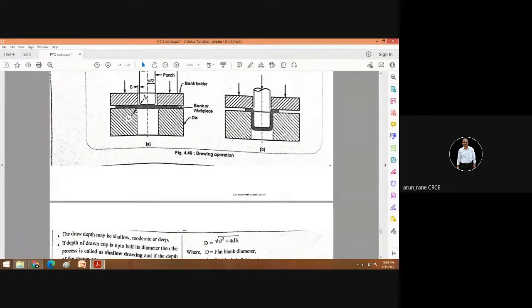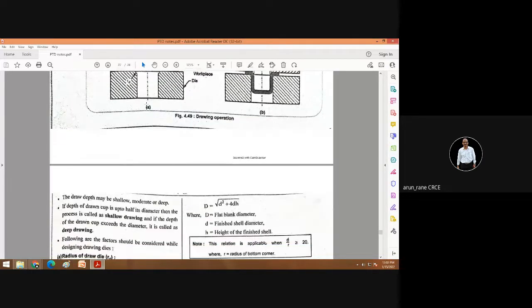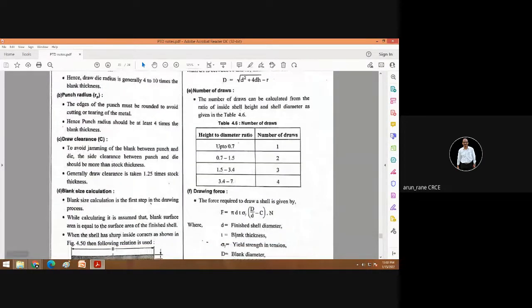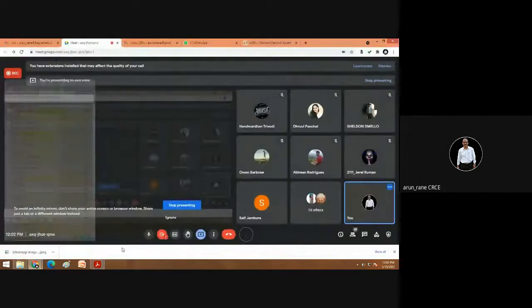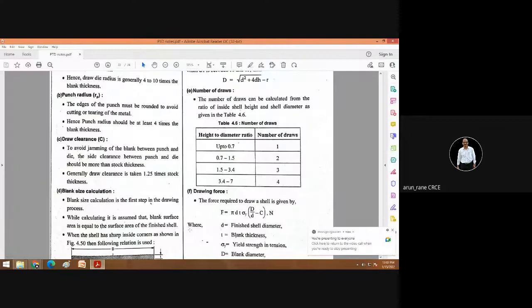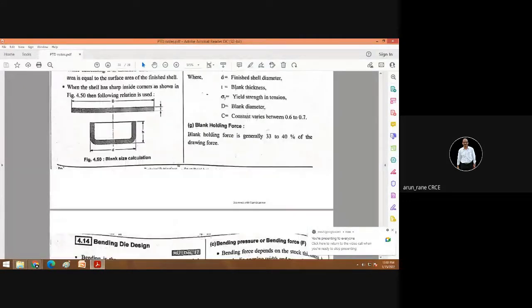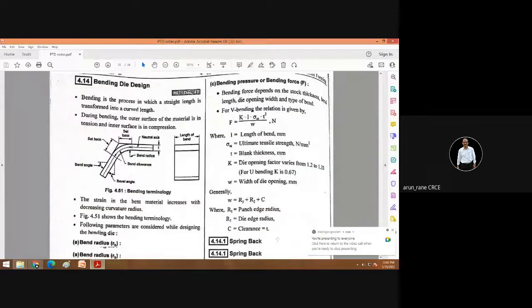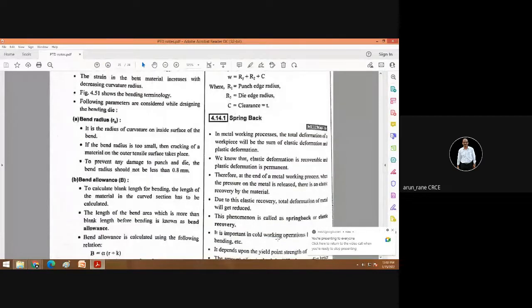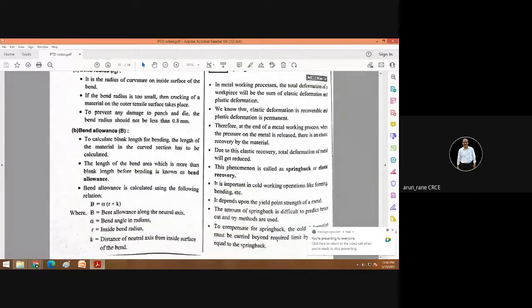RD is the die end radius, and RP is the punch end radius. So it is very simple, not at all complex. Now spring back, everything is important.